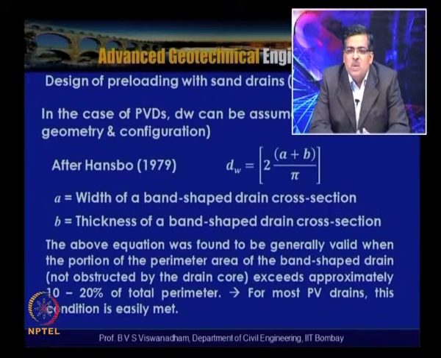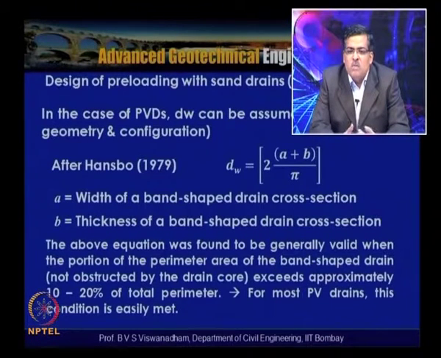So, by equating 2 into A plus B is equal to pi dW, we get dW is equal to 2 into A plus B by pi. There are also some other considerations wherein, based on finite element analysis, many investigators have put forward different equivalent diameters of the well, however this proved to be universal in adopting in the design.